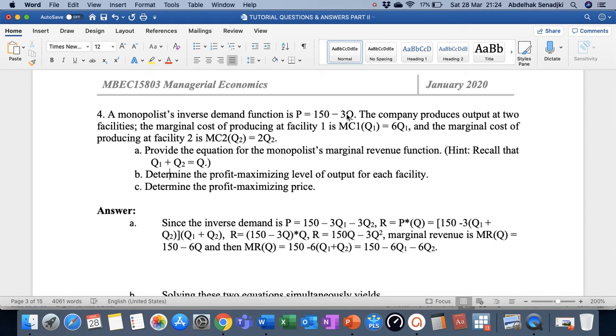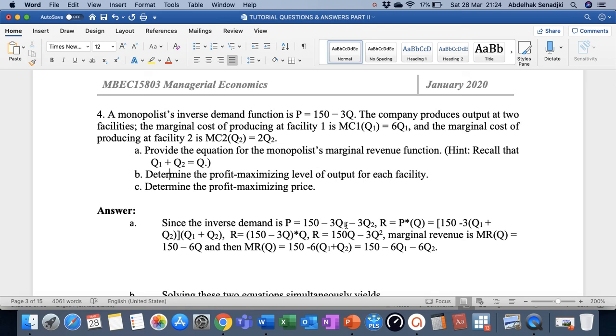Correct? This times Q. And therefore, R equals 150Q minus 3Q times Q squared. So the marginal revenue, MR, we derive this.